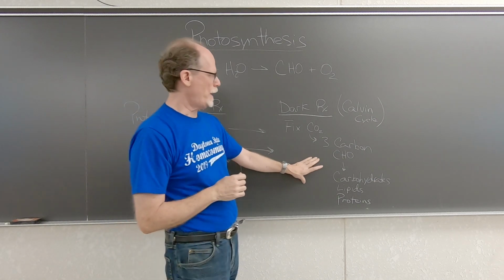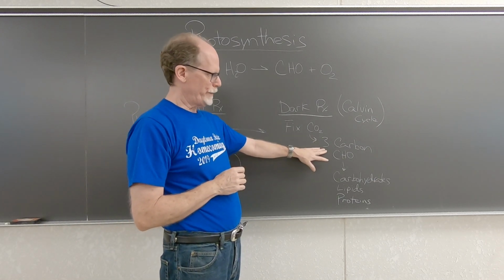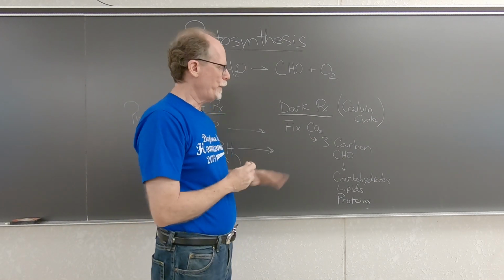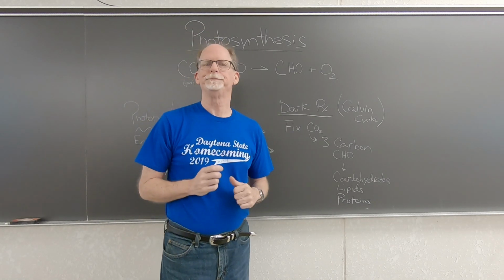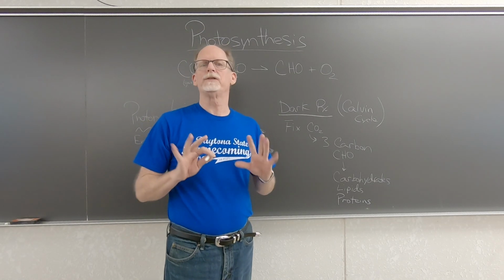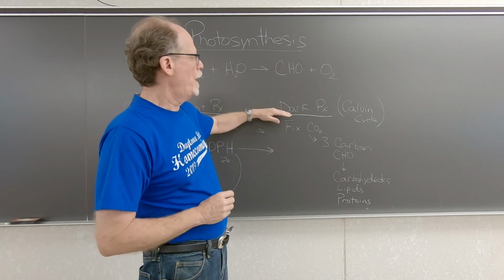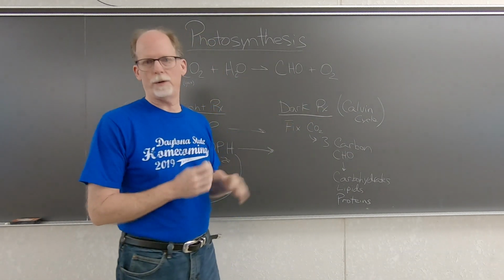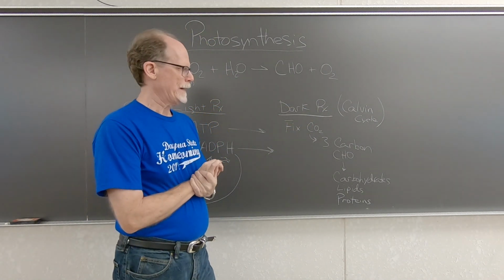But you need electrons in order to make what is called the 3-carbon carbohydrate. That's the product of the Calvin cycle or the dark reaction.